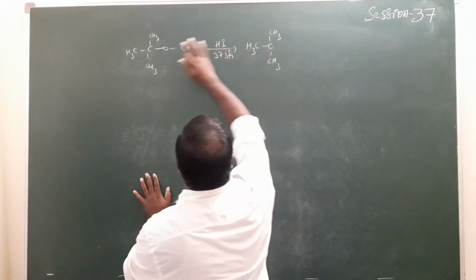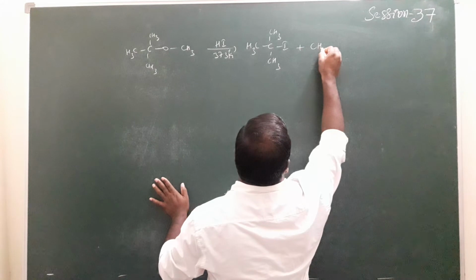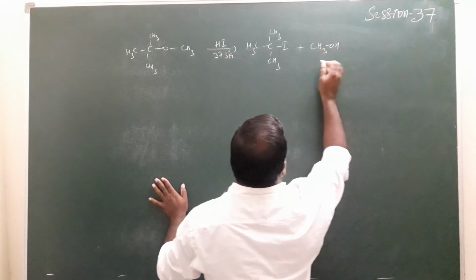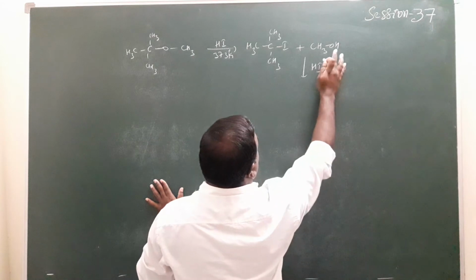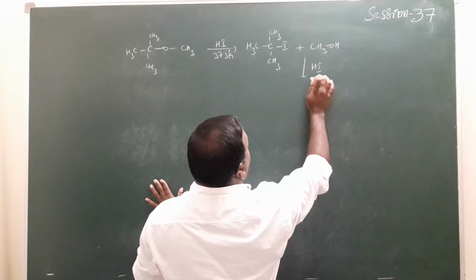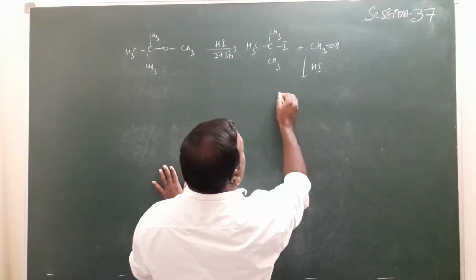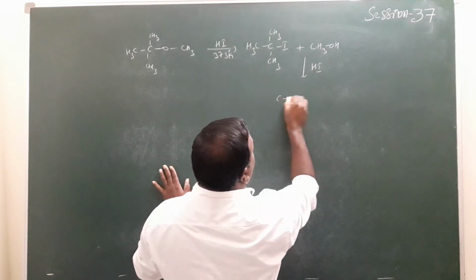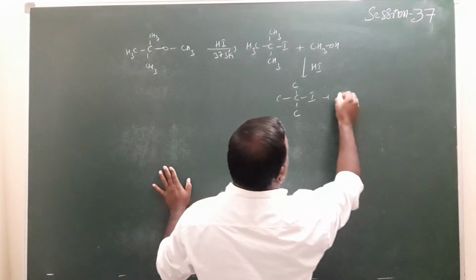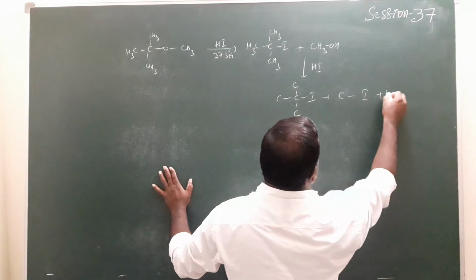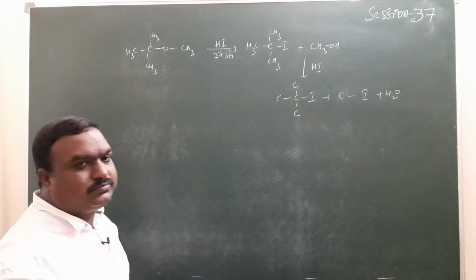Then iodide attacks that C plus, and it converts into tertiary butyl iodide plus CH3OH. Again, one more HI is given, and the COH group undergoes nucleophilic substitution, forming the methyl iodide compound. That means here we get tertiary butyl iodide plus CH3I plus H2O. This is the way to write those products.